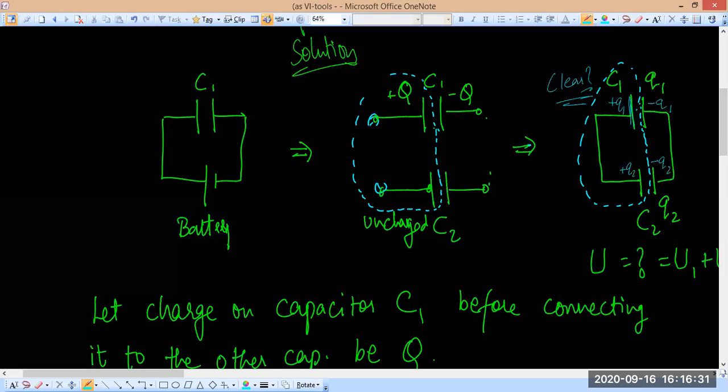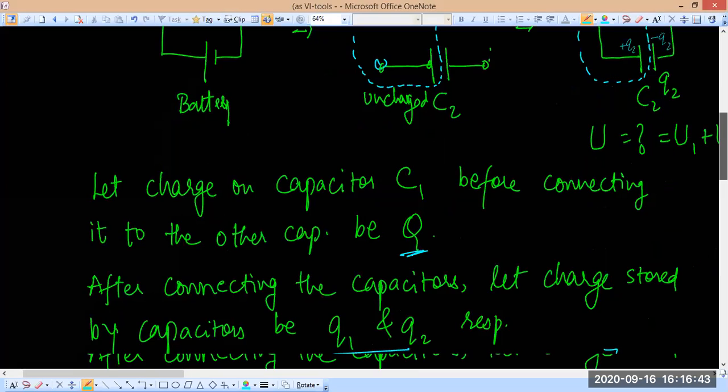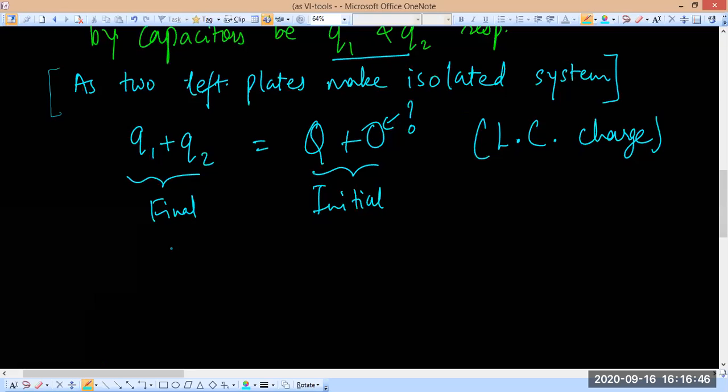Very good. Correct. So that would mean you have understood that this zero is for the second capacitor which was uncharged, right? That's why you are getting that zero over there. Okay, very good.